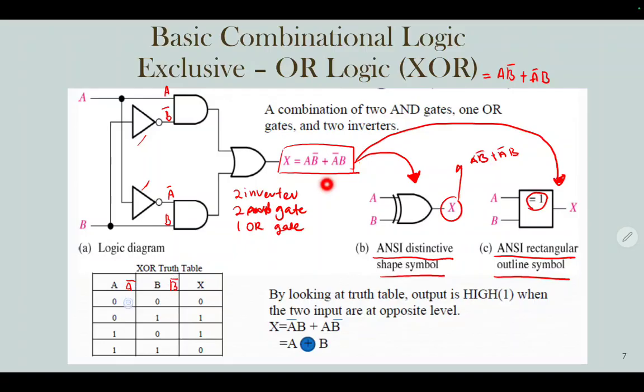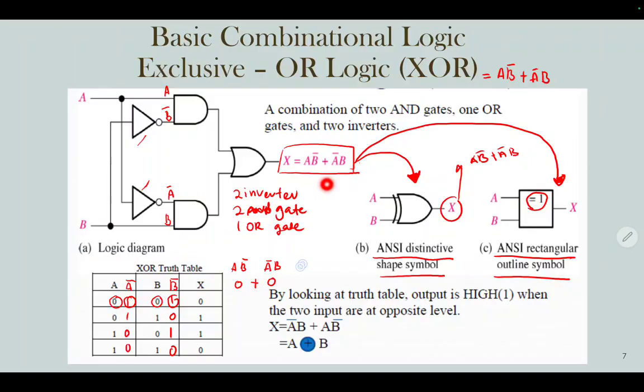So A bar 1 1 0 0, 1 0 1 0. So when you got A B bar, for example here, A B bar, means 0 times 1, 0. A bar B, A bar 1 times 0, you got 0.